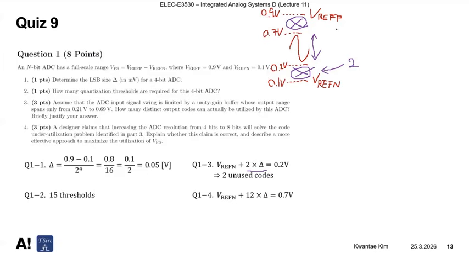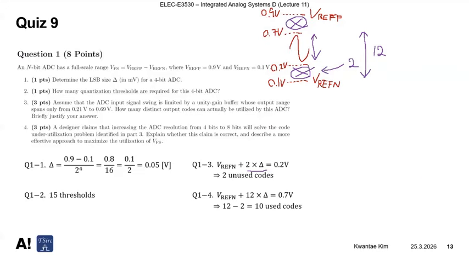And for 0.7 volt, from 0.1 volt, which is reference N, plus 12 times the LSB step of 50 millivolt, 50 millivolt times 12 is 0.6 volt, you get 0.7 volt. So in this range, there are 12 output codes. Substituting each other, you finally get 10 output codes that you are actually making use of.